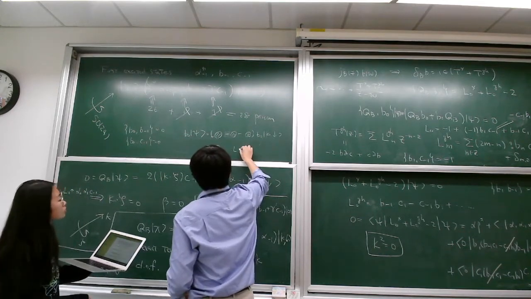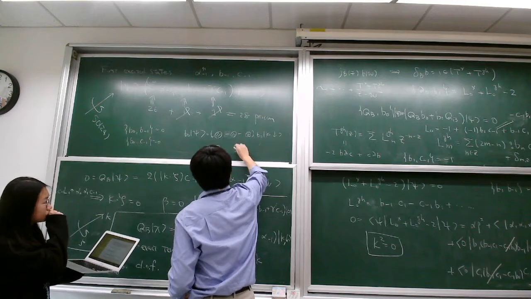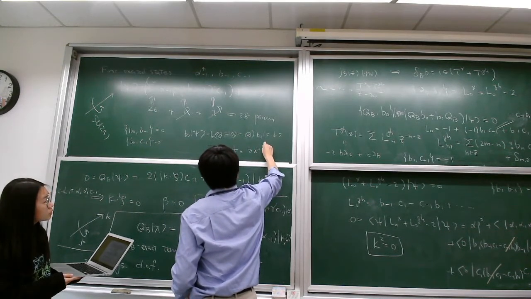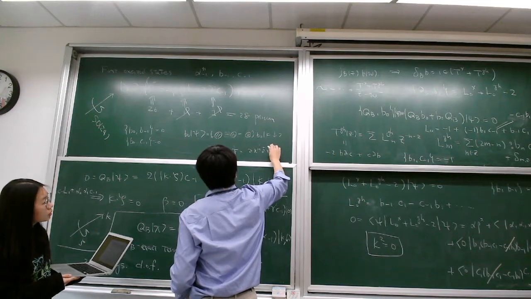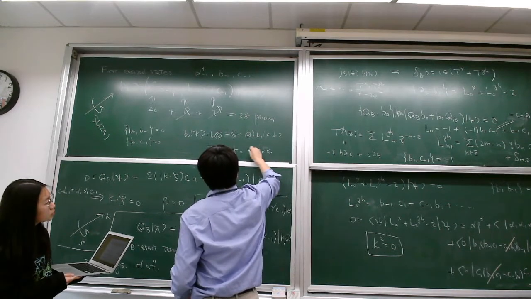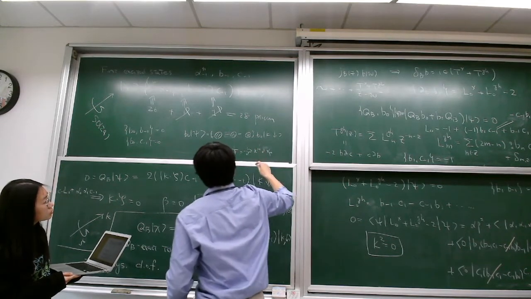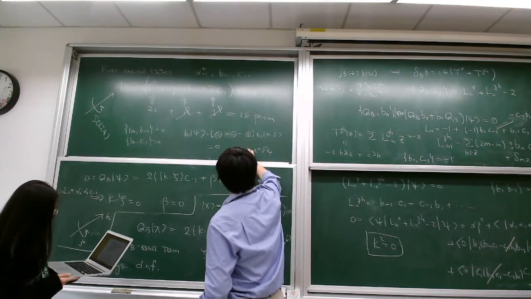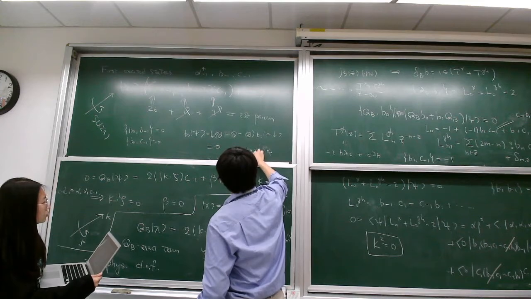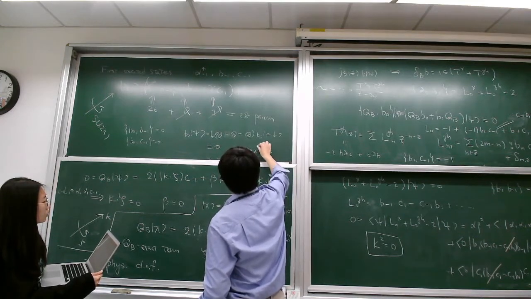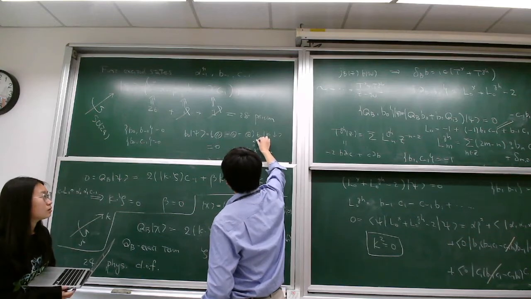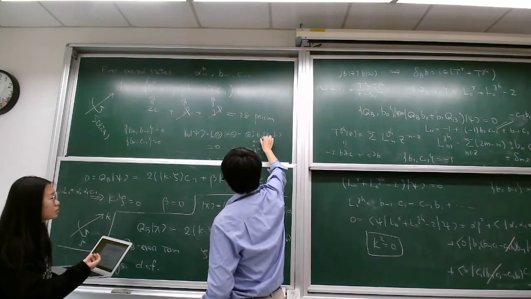So T is equal to this one, right? X mu, and minus 1 over alpha prime. And this is equal to the sum of Ln z to the minus n minus 2. And this can be written as some alpha and then compare.